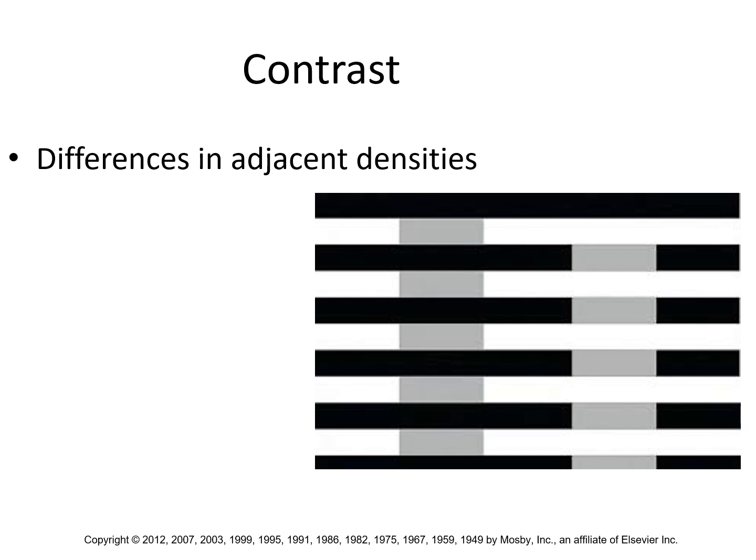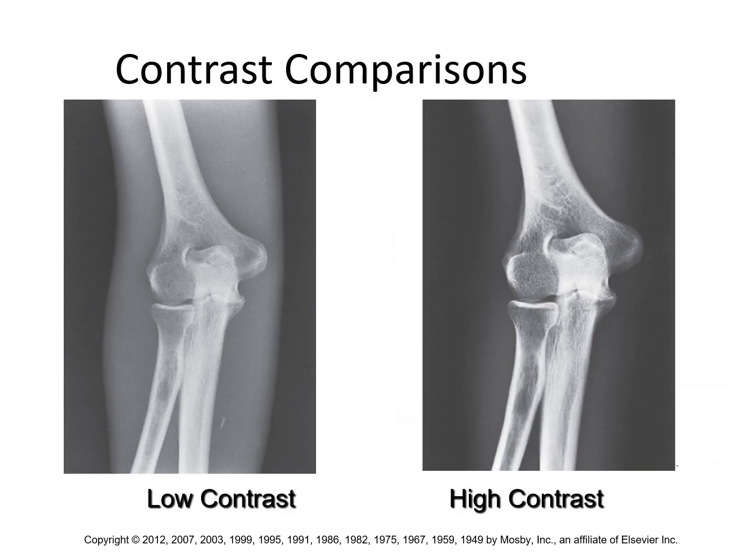Okay, but contrast is important. We can't identify anatomical structures unless they're a different color gray than what's surrounding them. Okay, so these are contrast comparisons.